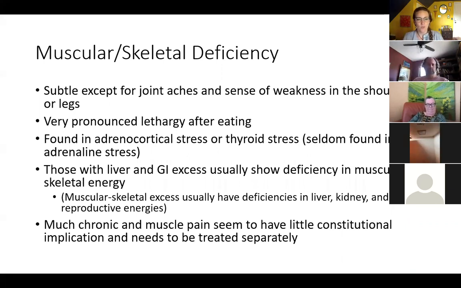And so when we don't have the musculoskeletal energy, so if you're deficient here and you eat, your body is taking that, and this is how I see it.